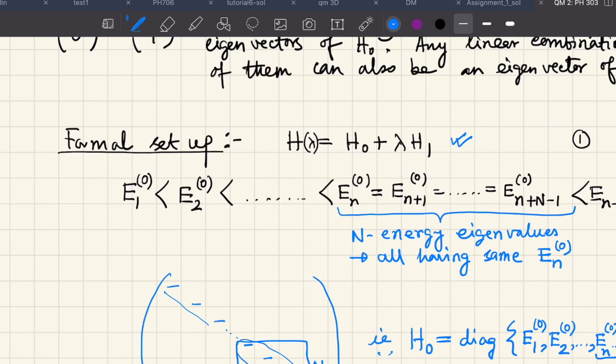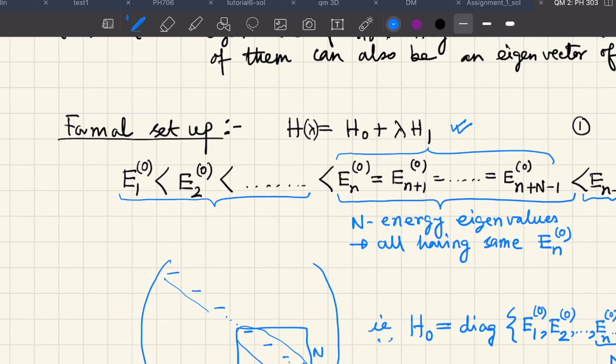Then we said that we have this system where some states are non-degenerate, but there are certain states which give the same energy eigenvalues, and suppose there are capital N number of such states.